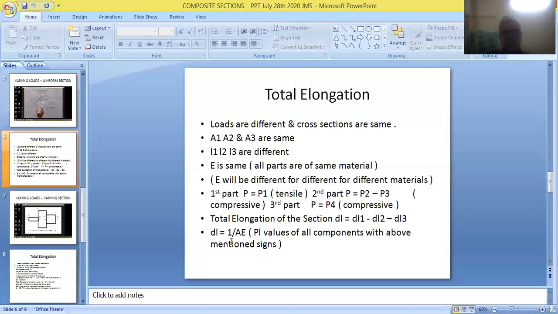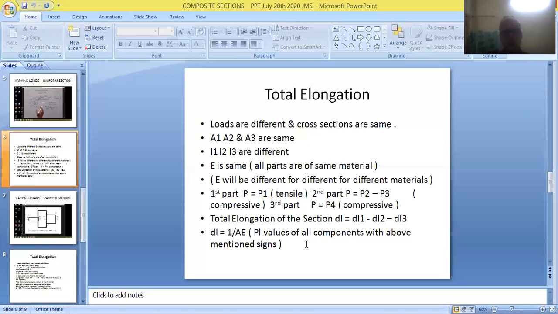So therefore, DL can be written as 1 by AE into P1 L1 minus P2 L2 minus P3 L3.